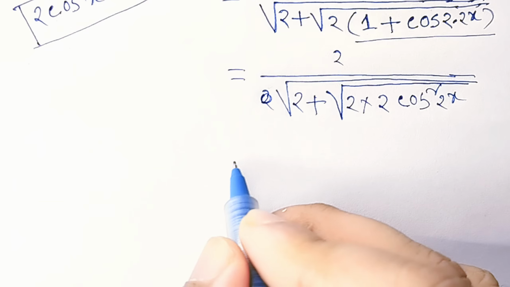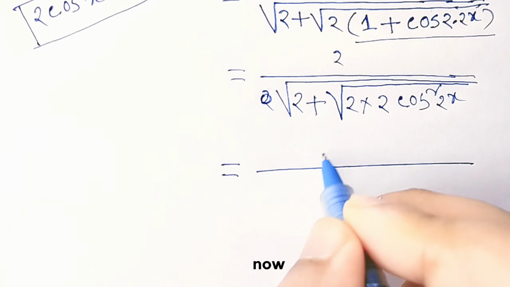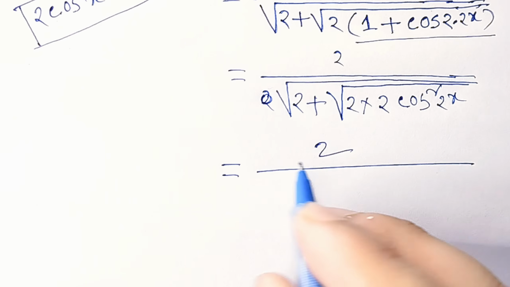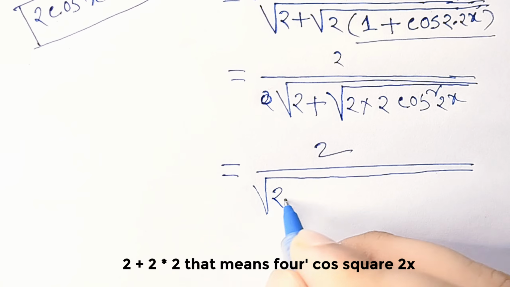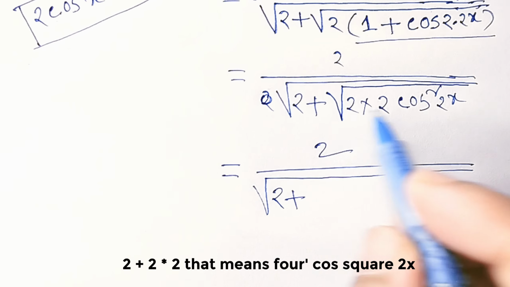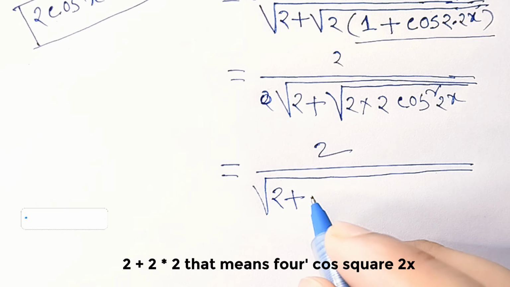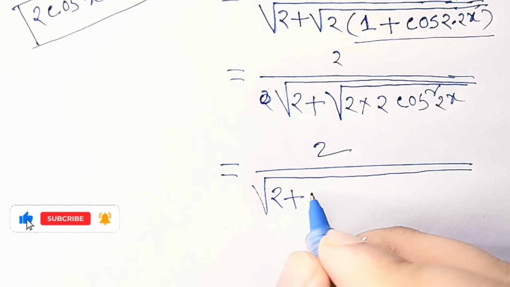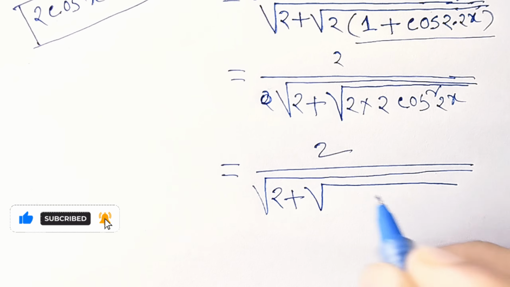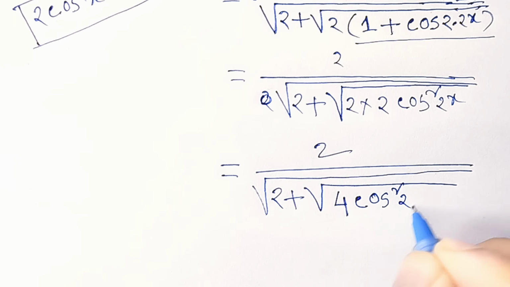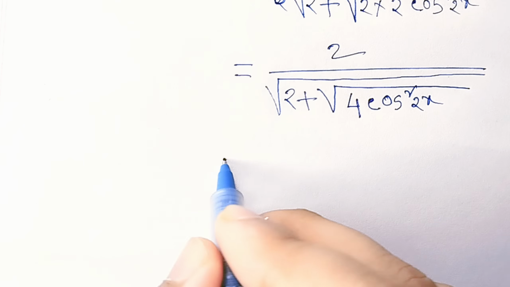Clear? Now 2 plus 2 times 2, that means 4 cos square 2x.